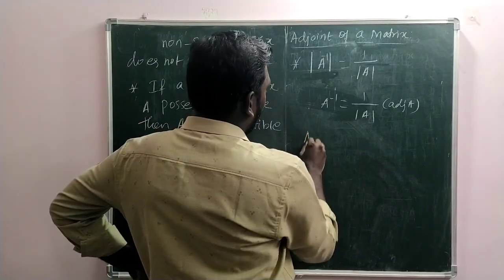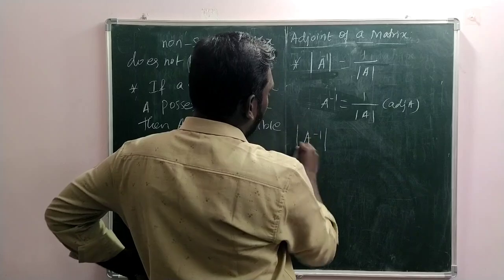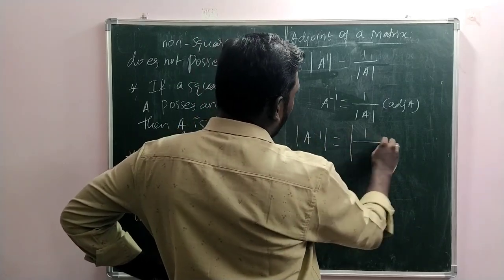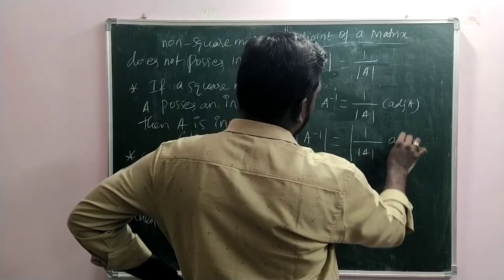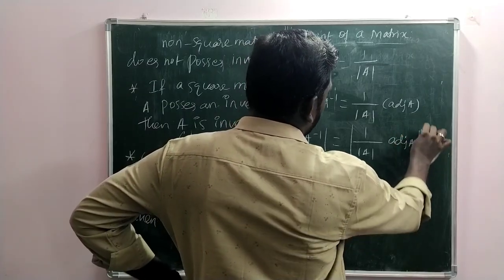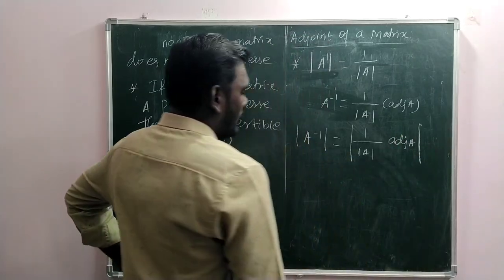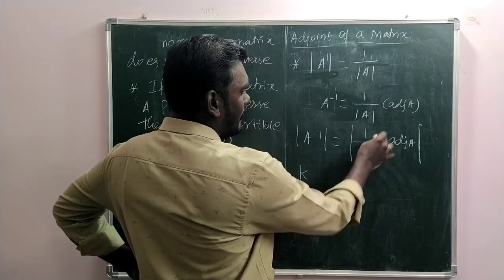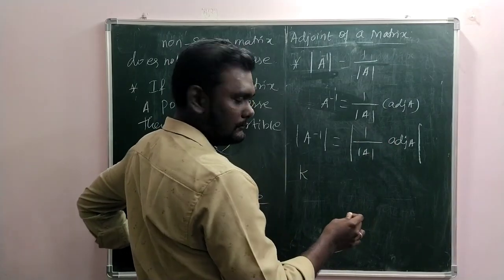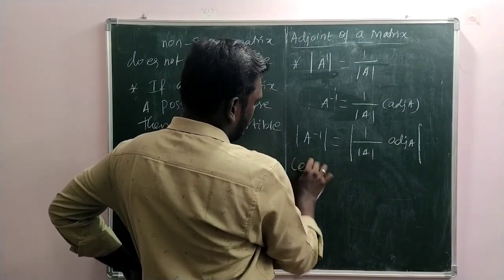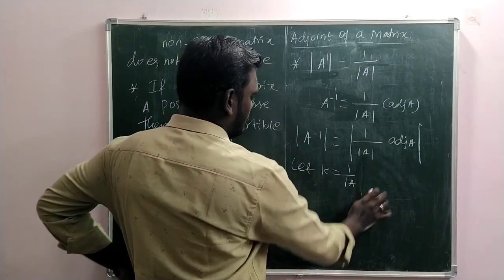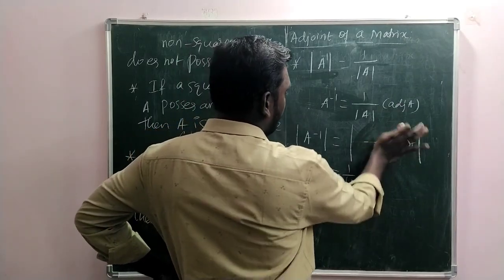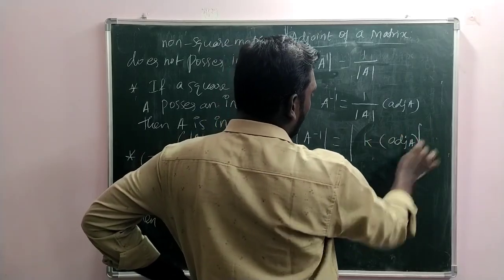Then if we take the determinant of that matrix, with determinant of 1 by determinant of A into adjoint of A, you remember, this is a number K, right? Let us say the number K is 1 by determinant of A. Then this will become K into adjoint of A.